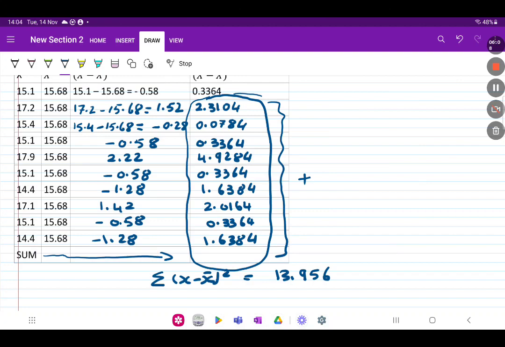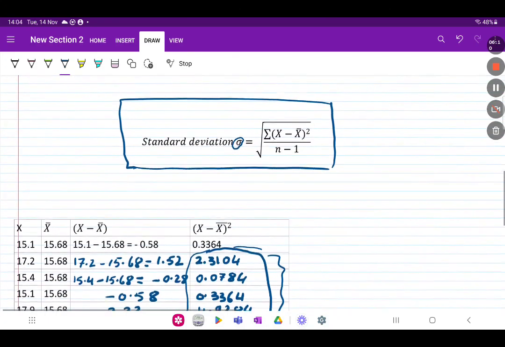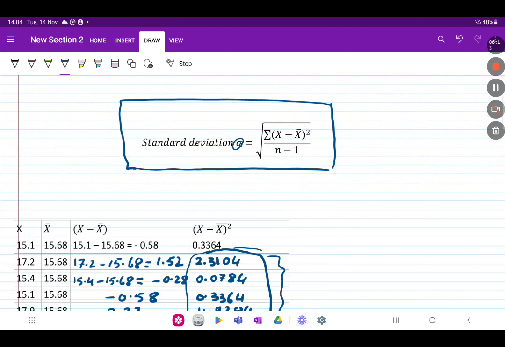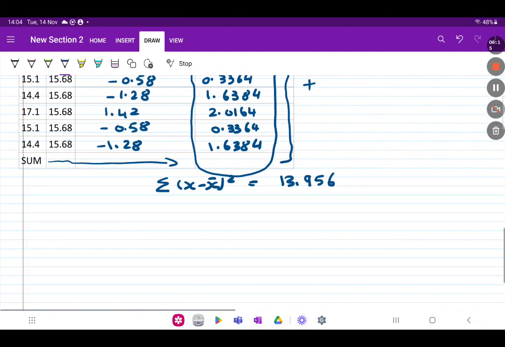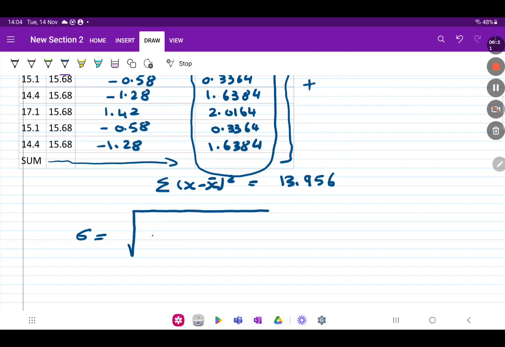So we're gonna write down our formula. Our formula was here, as you can see. Standard deviation is equal to the square root of the sum of (x minus x bar) squared over n minus 1.